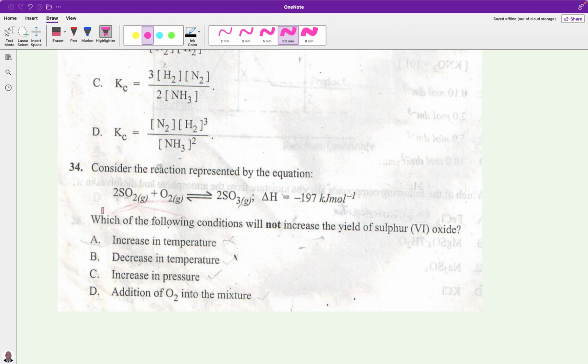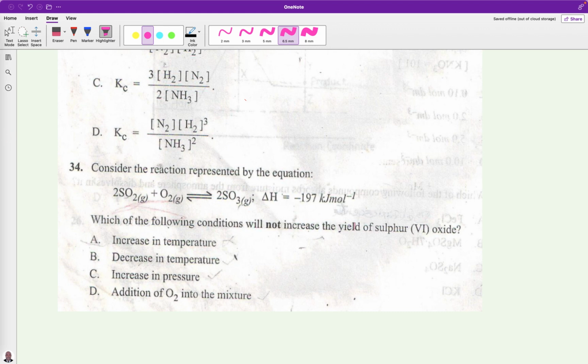This is an exothermic reaction. Which of the following conditions will not increase the yield of sulfur trioxide, or sulfur 6 oxide?